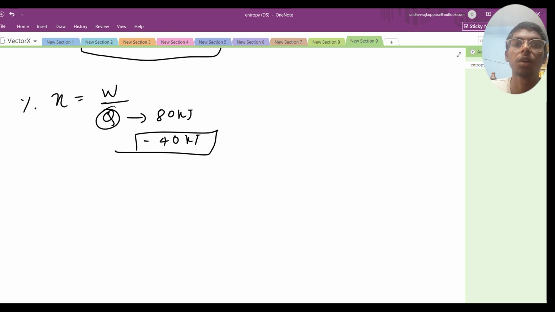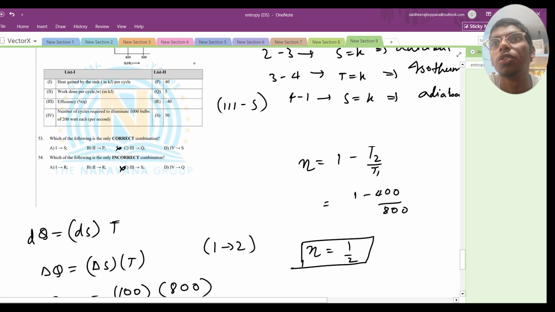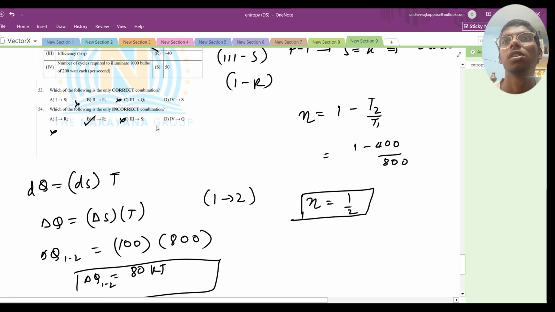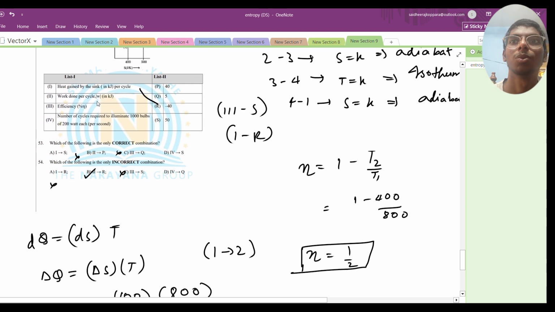The sink is the one which absorbs the heat, so your one actually matches with R. So this is overruled and this is your incorrect option, because modulus w is always positive.